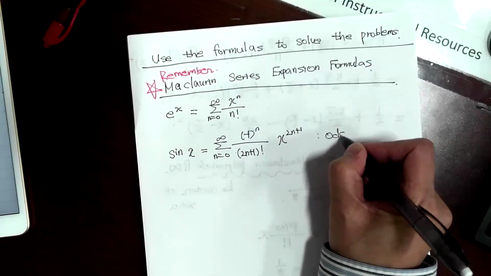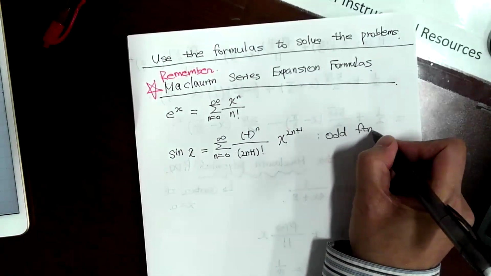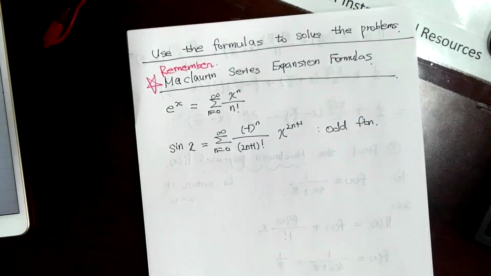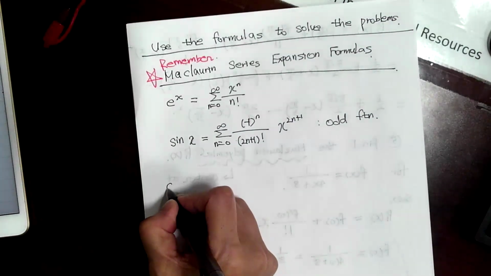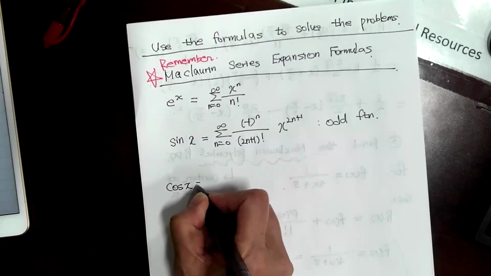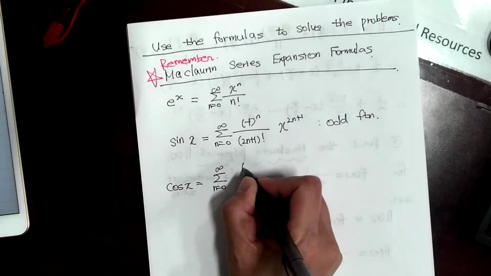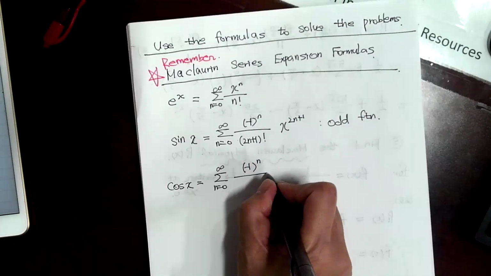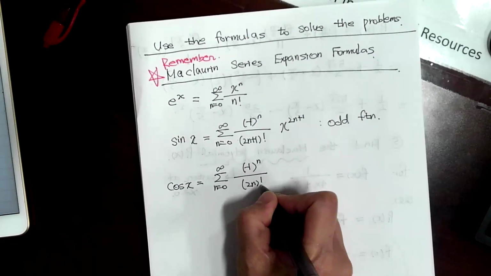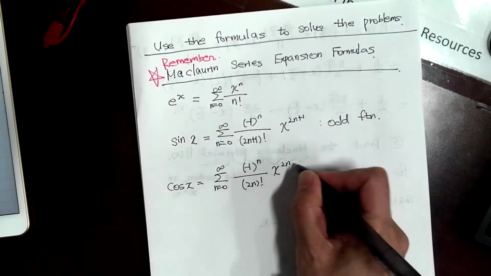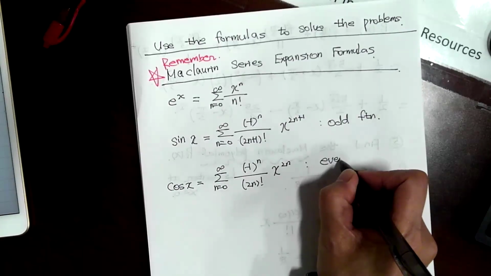We already did it and verified it last time. And cosine of x equals the summation n equals 0 to infinity of minus 1 to the n power over 2n factorial times x to the 2n power, which is an even function.